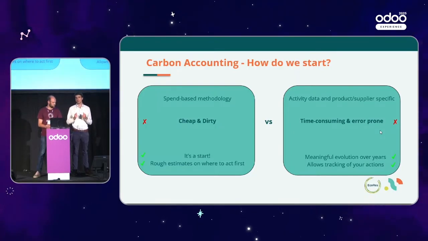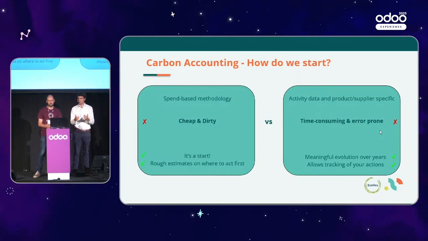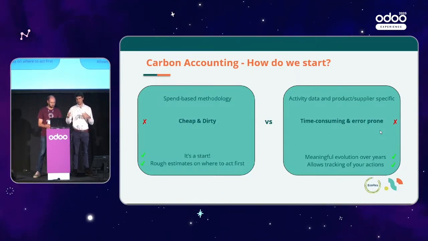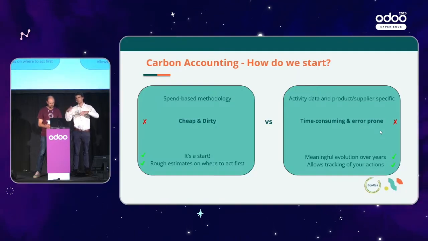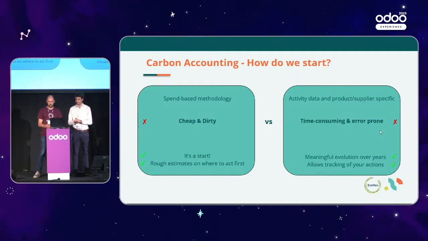But actually, if you want a better carbon footprint, you need to use activity data and product-specific data. But this is usually very time-consuming for collecting the data, and can be error-prone when you do that with external platforms or Excel forms or whatever.